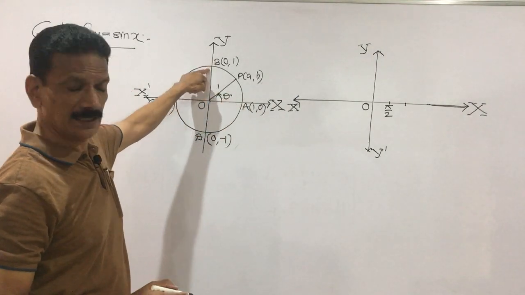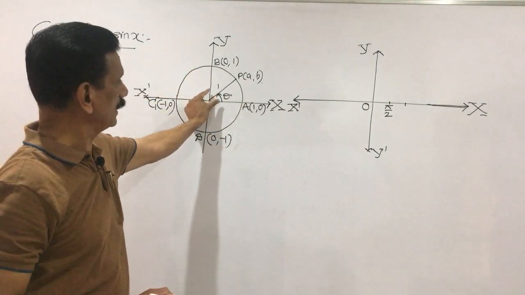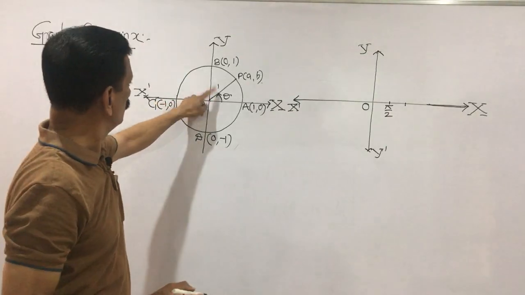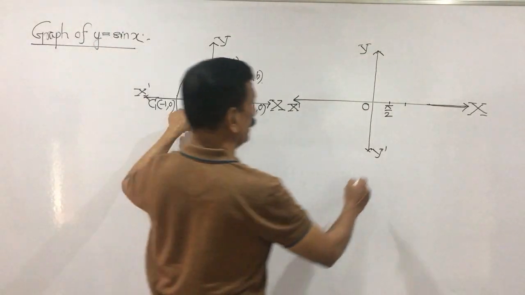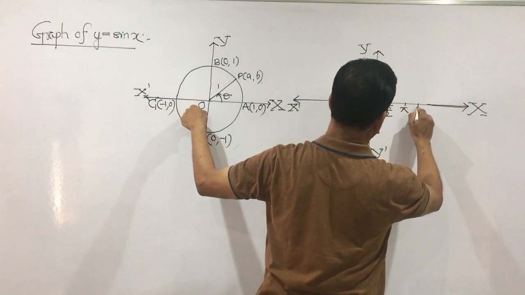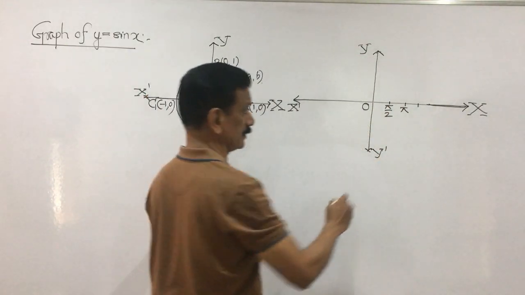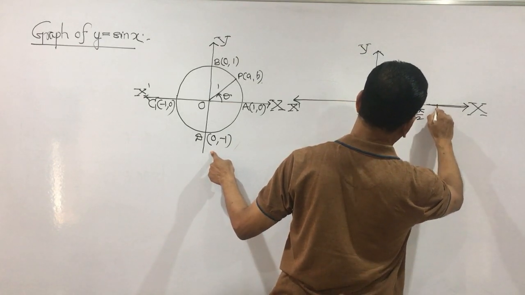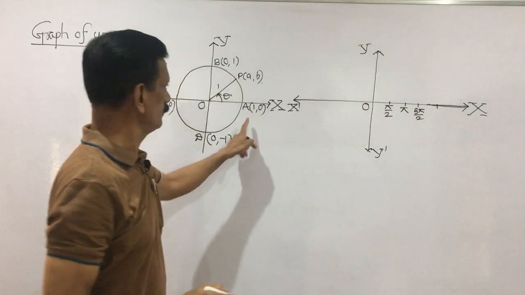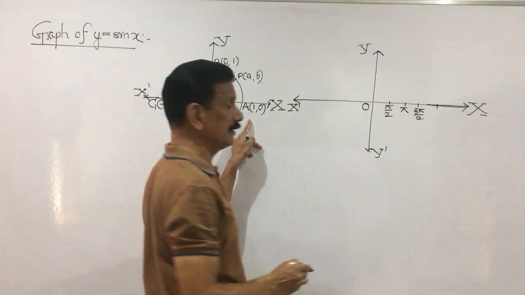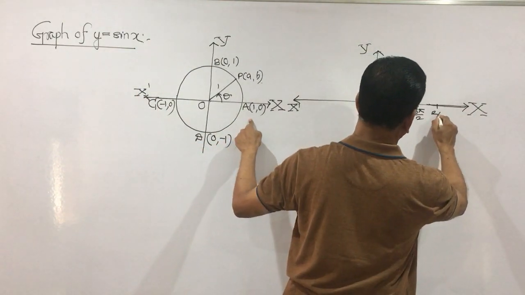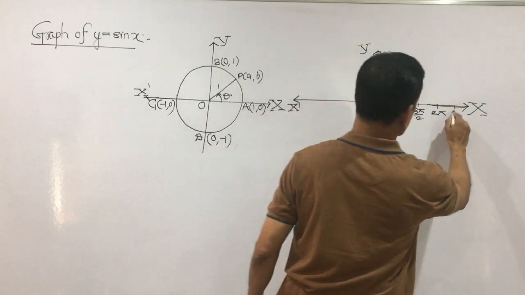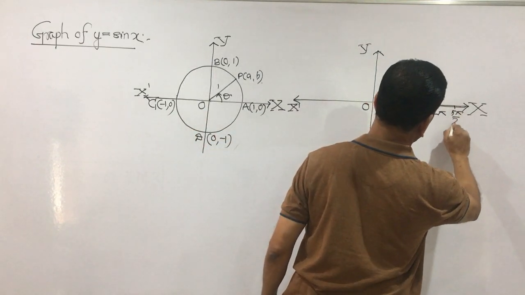Next, when it comes at B, the angle is pi by 2, 90 degree. When it comes on the negative x axis, this straight angle means it is pi. Next, when it comes here, it is 3 pi by 2. After that, when it completes one full round, the angle is 2 pi. After that, again it comes, you get 5 pi by 2, like that it is continued.